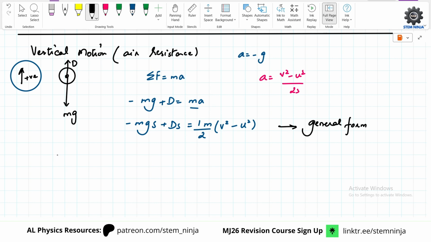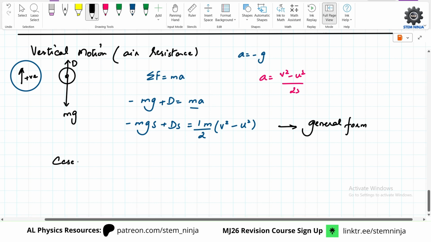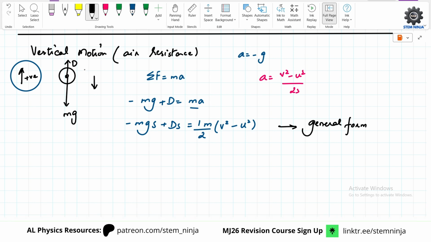So what if the case is that it is moving upwards? Sorry, what we actually made, this is moving downwards. Because if it's moving downwards, the drag force is upwards. So this would be the case, basically. So notice one thing.